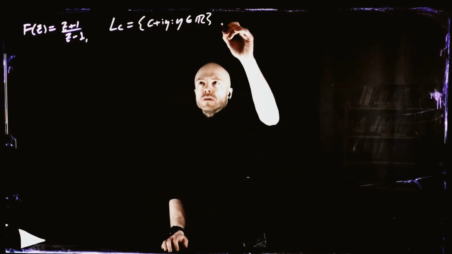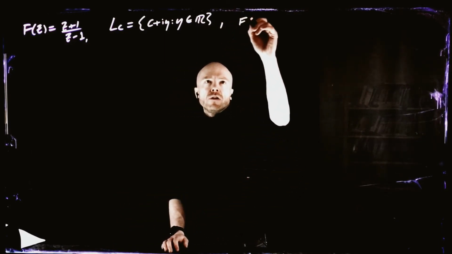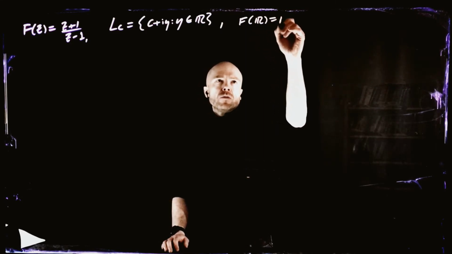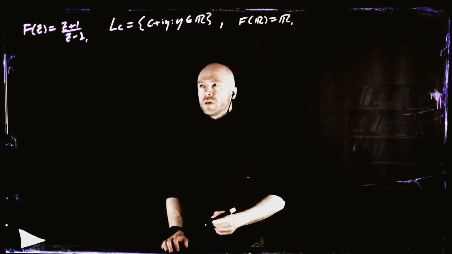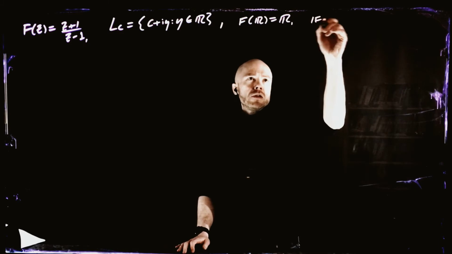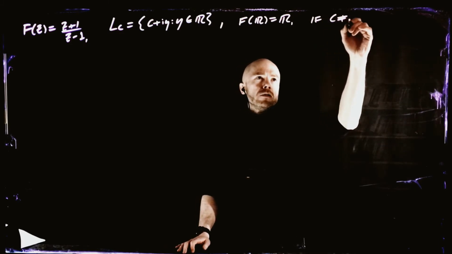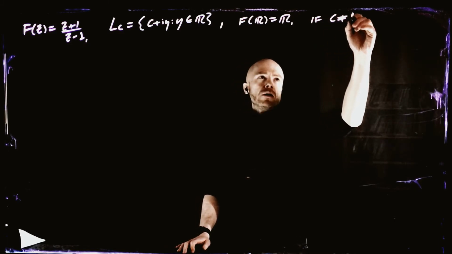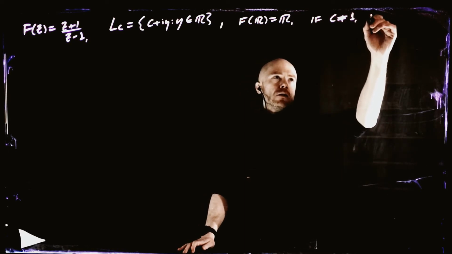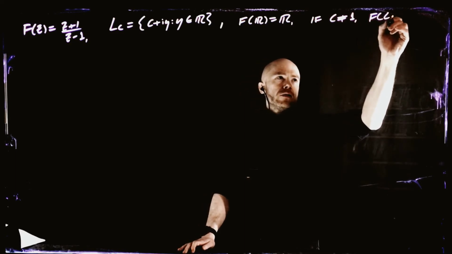And we've seen that f of the real numbers are the real numbers. And so if C is not equal to 1, then f of L of C is a circle.